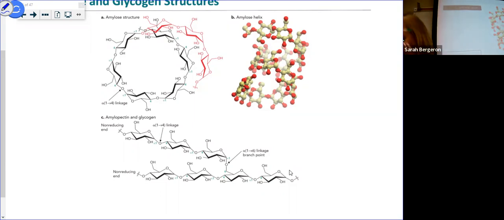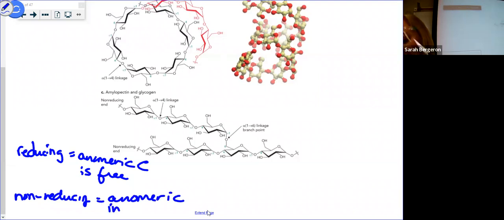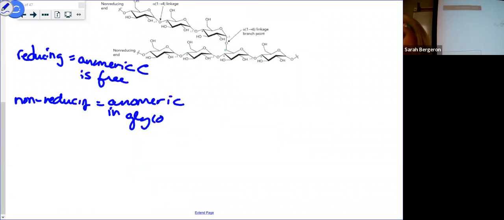So write that down. Reducing tells you your anomeric carbon is free. Non-reducing, anomeric is in glycosidic bond.